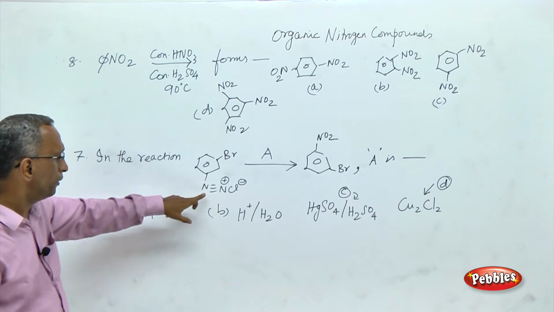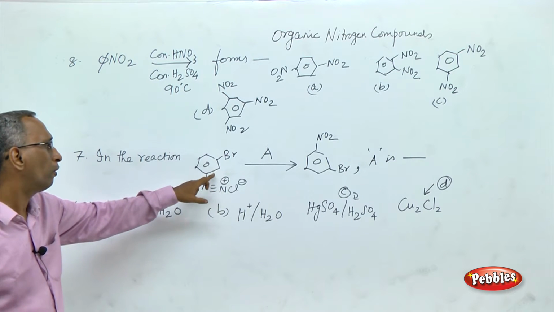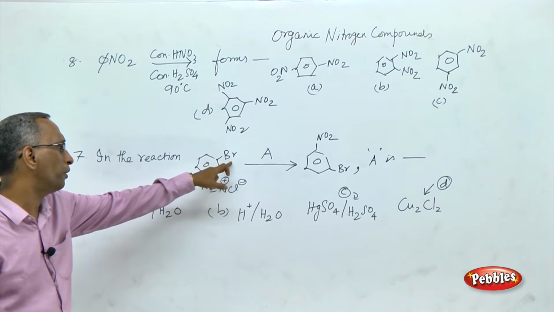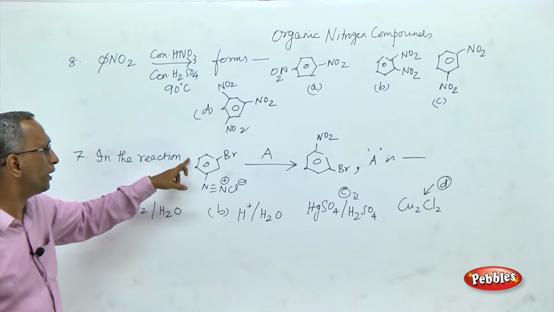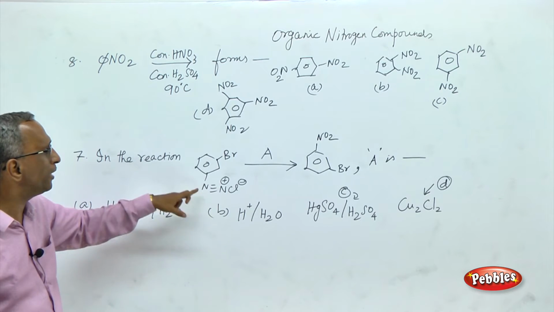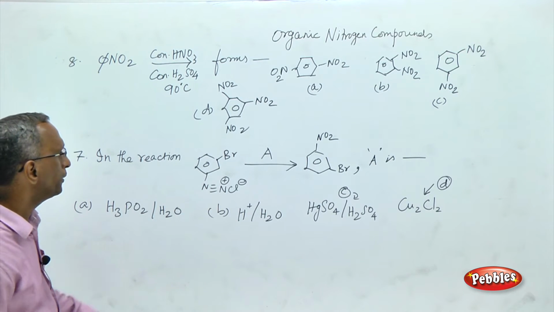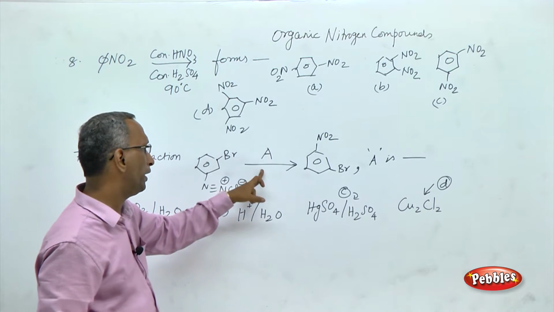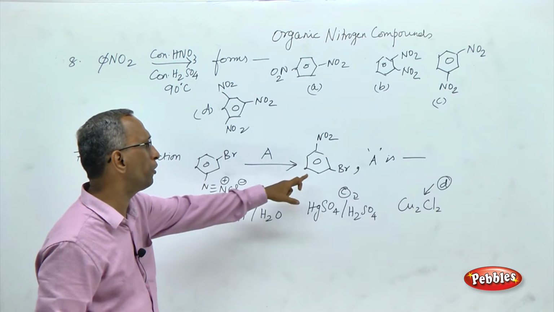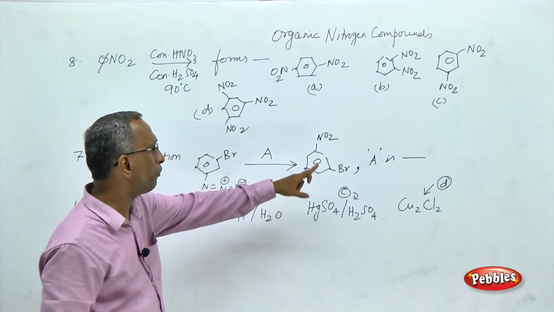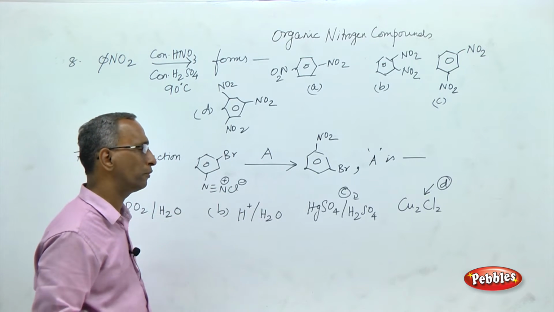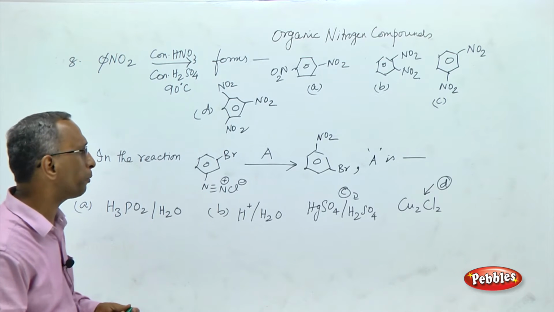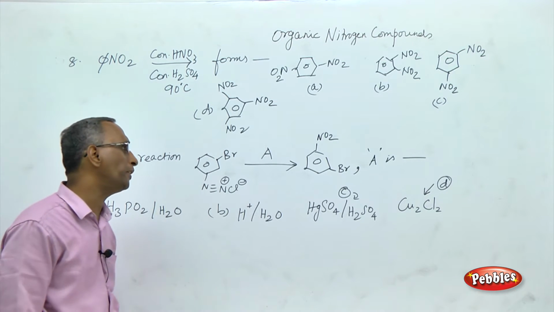Ortho means adjacent carbon atom, meta means one carbon atom separate. In the reaction, meta-bromobenzene diazonium chloride, in the presence of some reagent, gives rise to meta-bromonitrobenzene or meta-nitrobromobenzene; both mean the same. In this product, the reagent A is dash.